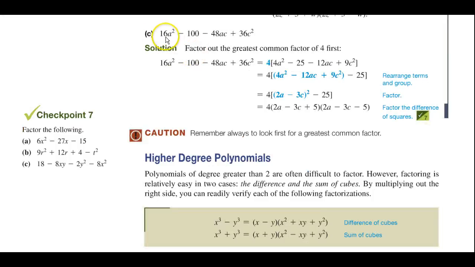Now in letter C, we see we have 4 terms, and looking at them we realize we could factor out a 4 from each one, which we do here. Now once we do that, again these get complicated, we see here a perfect square trinomial, which we just did one like this before that will factor into this.